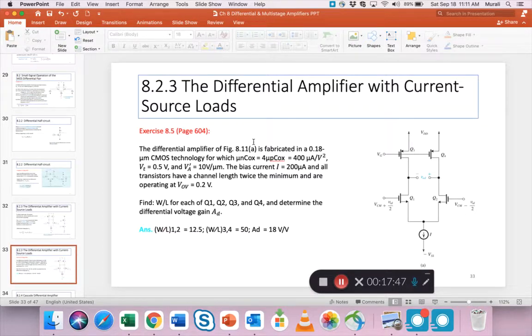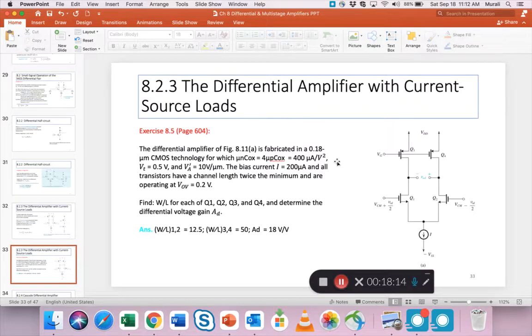Look at another exercise. This time we have a current source load, right? So the exercise is 8.5 from page 604. The answers are here. Let's read what the problem is asking.